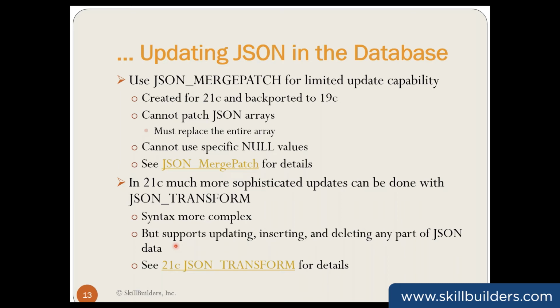There were 5 employees. You can delete employee number 4. You can change employee number 4. You can add employee number 6. You can insert them and so on. And there's a link here to that syntax. But you've got to wait until you upgrade to 21, which might be a while for us. So in most cases right now, most people are replacing full JSON data when they have to update it. A little inefficient, but that's the way it goes.